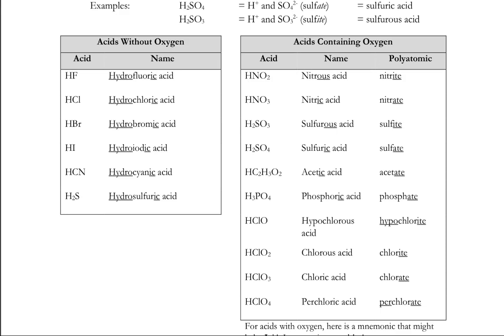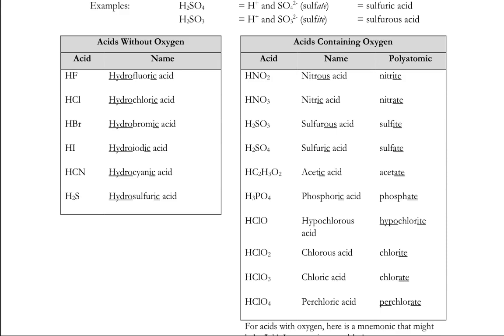The ones that contain oxygen can end in ous acid or ic acid, depending on how many oxygens they have. So HNO2, you could say that comes from H plus and NO2 minus. NO2 minus is nitrite, ending ite. How do we know it's nitrite? Well, it's on that table that has the polyatomic ions.